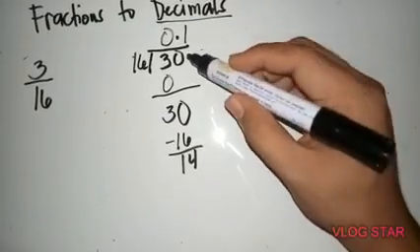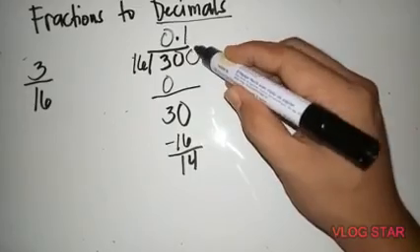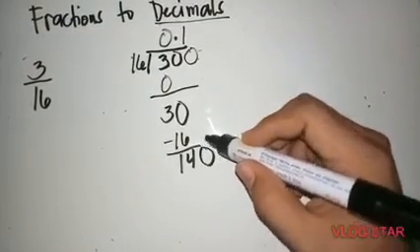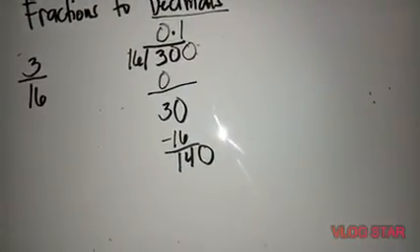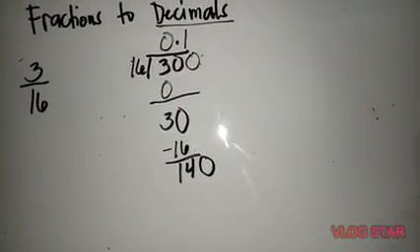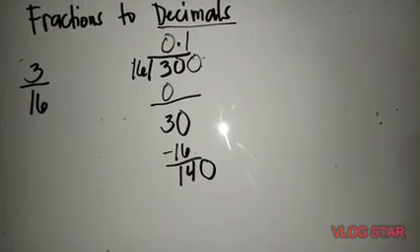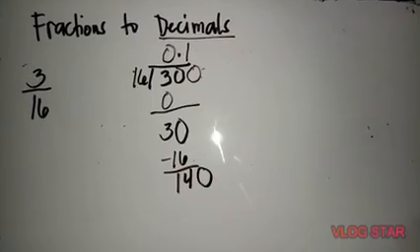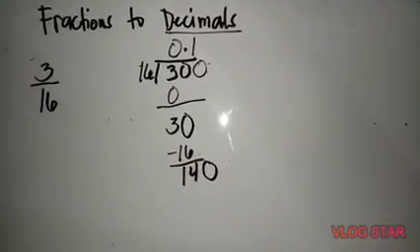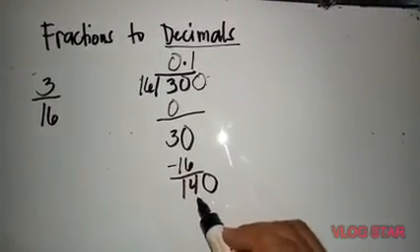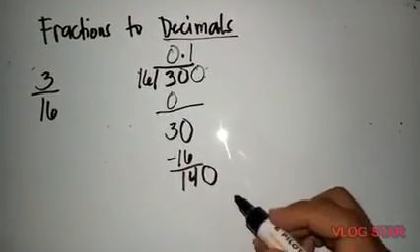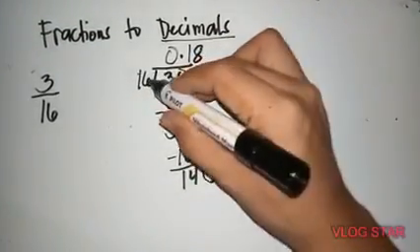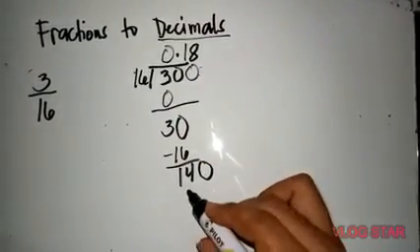Then add another 0. Then bring down. 140 divided by 16. What is the answer? So 140 divided by 16, the answer is 8. 8 times 16, the answer is 128.